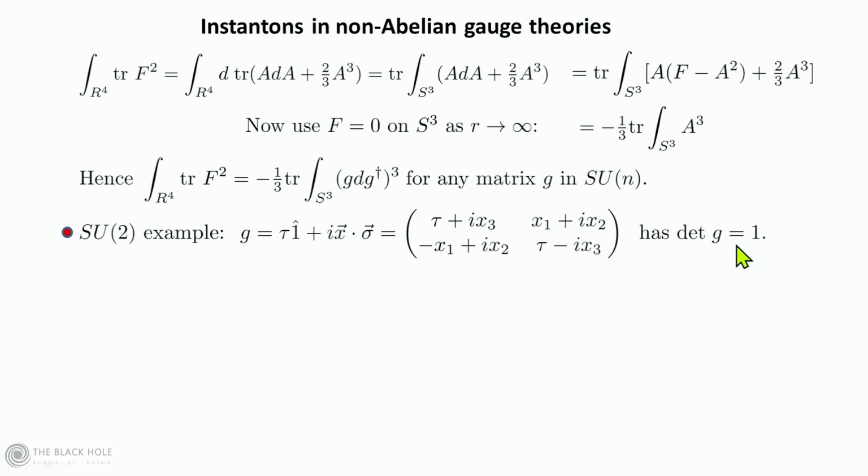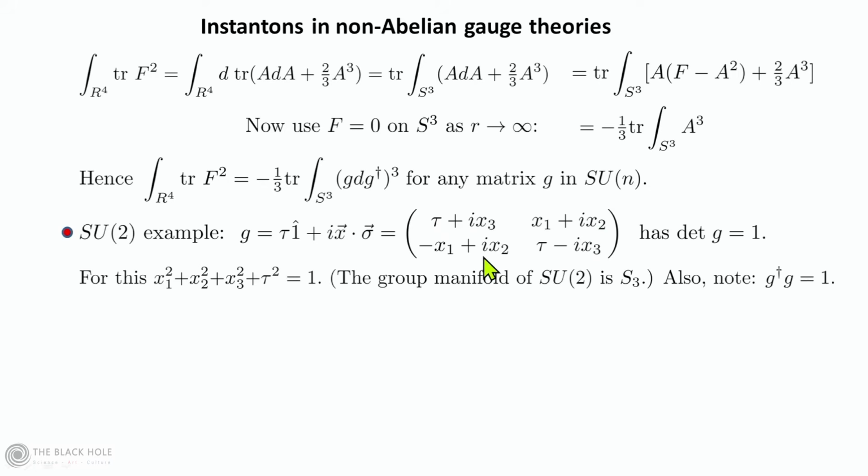Now this has got to have determinant of G equal to 1 if it's an SU(2) matrix, by definition of the special unitary group. So this into that minus this into that has to equal 1.